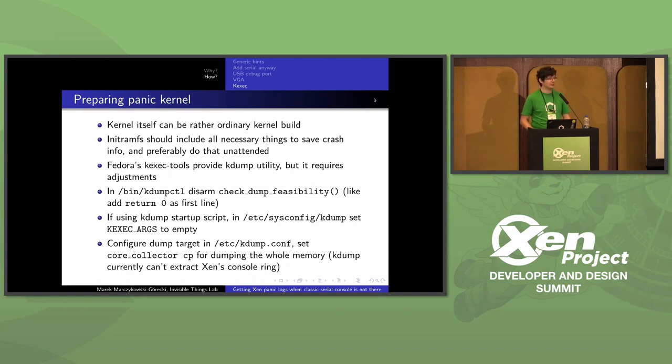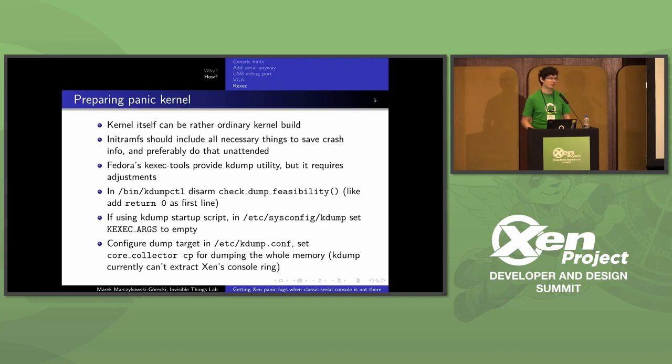And then you need an initramfs with tools necessary to dump everything. If you use Fedora, the kexec-tools package includes a kdump utility, kdumpctl, that is able to build an initramfs using standard Dracut, which is a tool to build initramfs on Fedora, with also scripts to dump the memory of a crashed system.